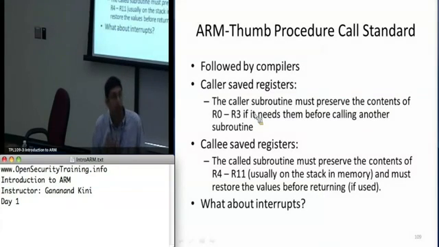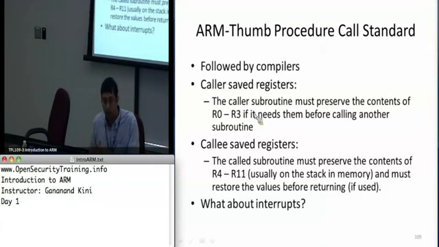If you remember, I'd mentioned that you pass arguments to methods using these registers: R0, R1, R2, R3. And so the caller has to save those registers if it wants them back, because R0 for sure, if the called method has a return value, is going to be overwritten. So it needs to save R0 through R3 before calling the method.